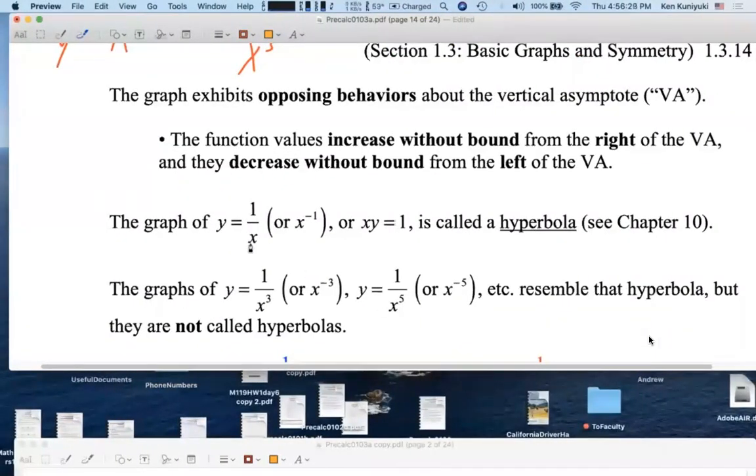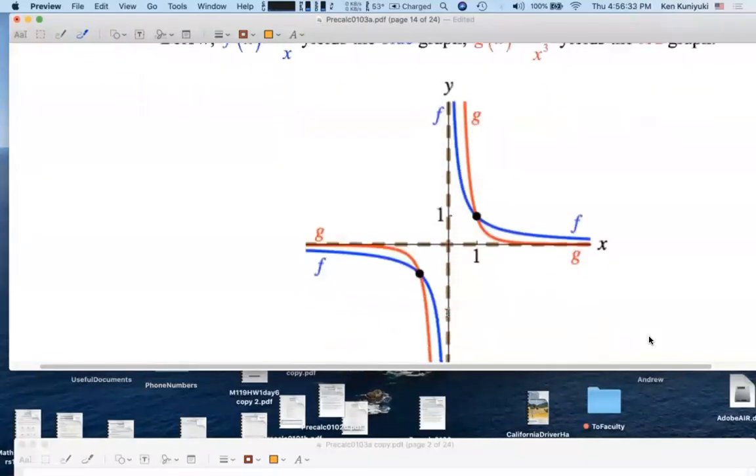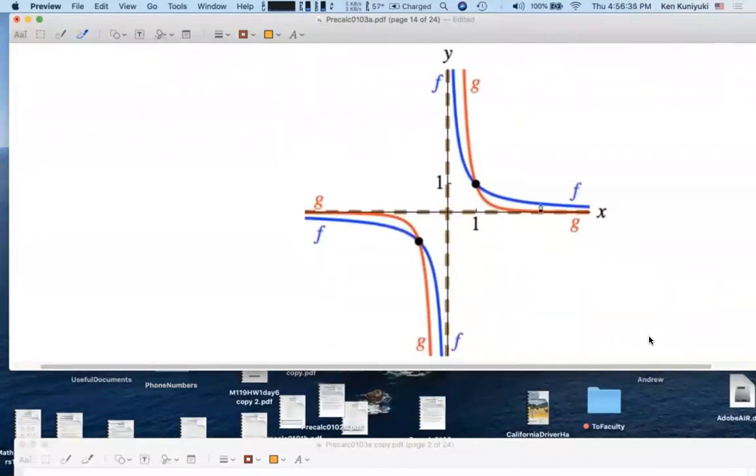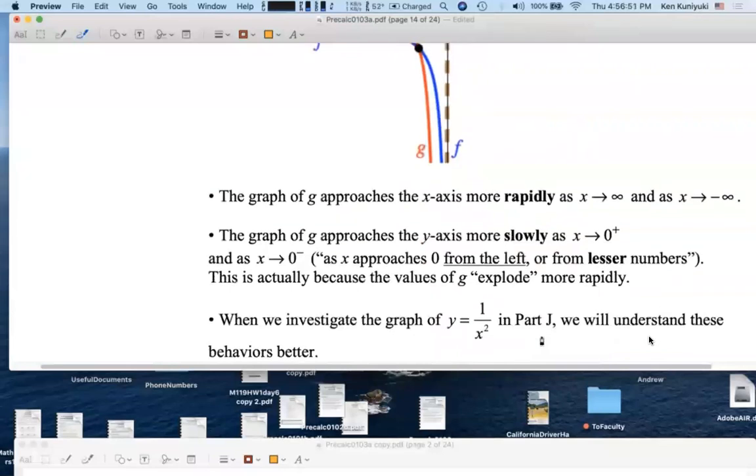Okay, y equals 1 over x gives a hyperbola. These are not technically hyperbolas over here, but their graphs are somewhat similar. y equals 1 over x cubed, for example, in red, that's flatter as we approach the x-axis out here, but it's steeper as we approach the y-axis. The values climb up faster. Don't worry about that.